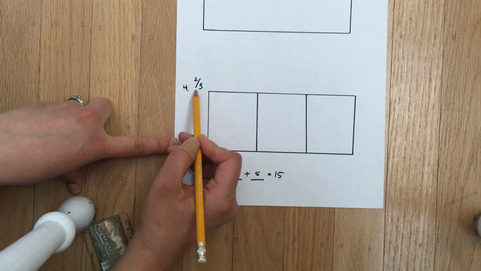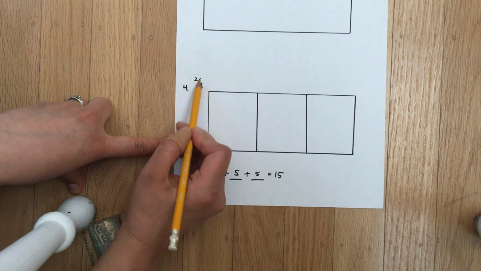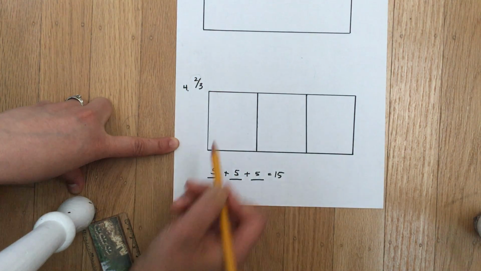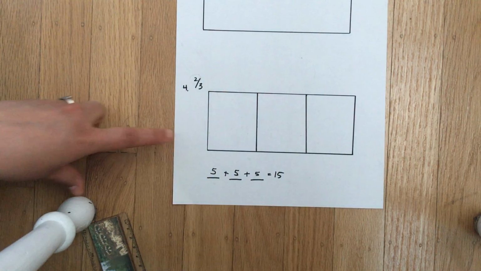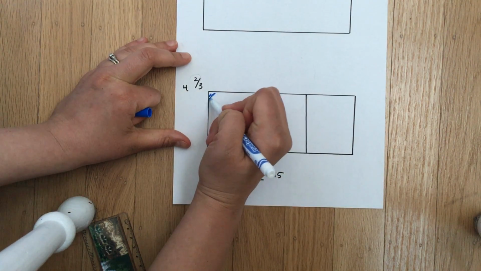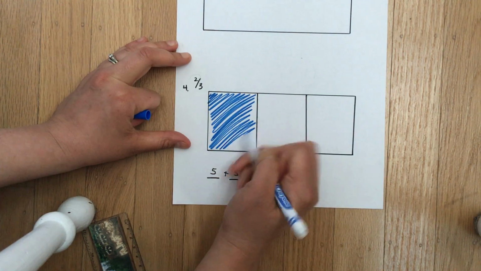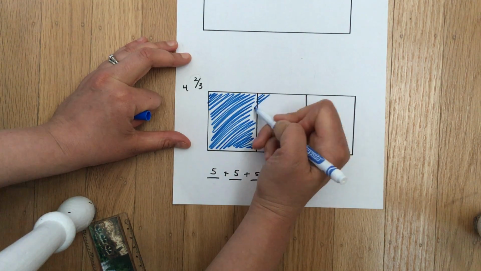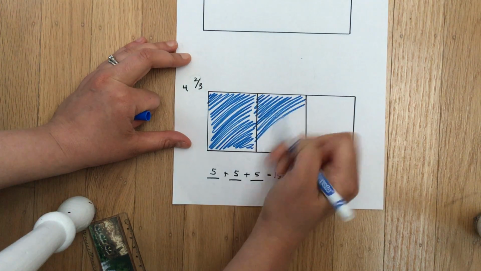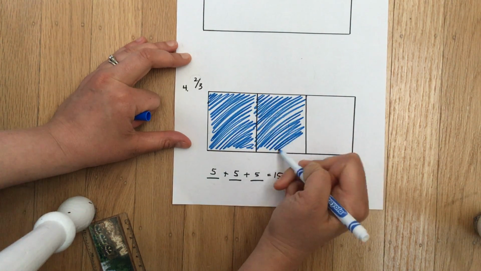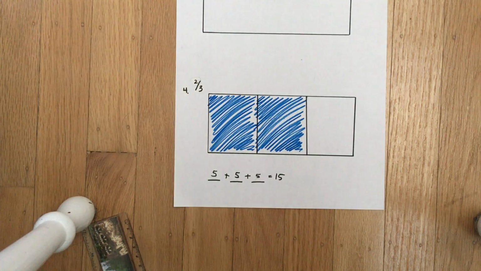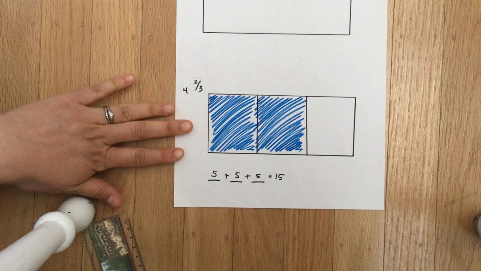So if I want to shade 2/3, I need to shade 2 of the 3 pieces. So, actually maybe I'll use a blue marker so you can see it a little better. I'm going to color in 1 and 2 parts to this rectangle. That's 2/3.